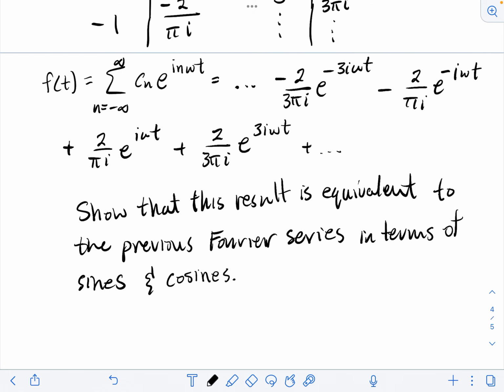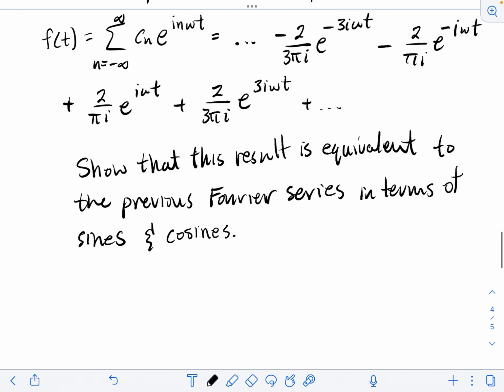So f of t is equal to, if you remember, for the cosine and sine version of the Fourier series, we had an overall prefactor of 4 over pi. So I'm just going to factor out a 4 over pi from all of the terms that we have, and I'll do a bit of rearranging here.